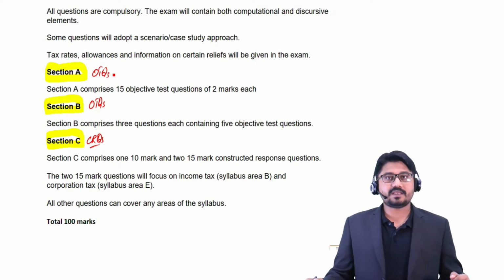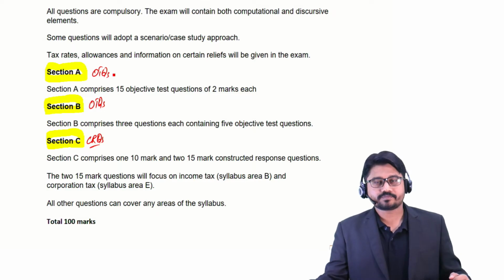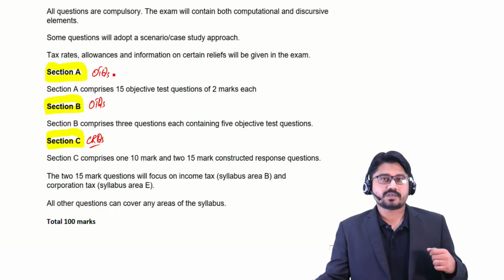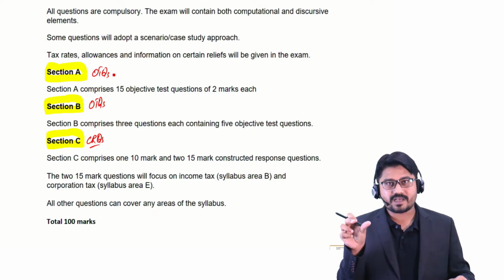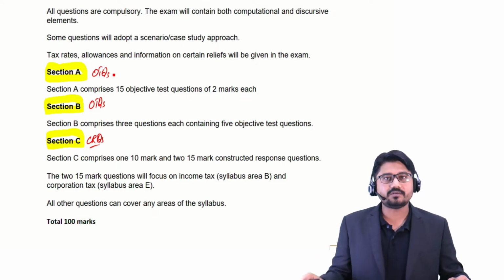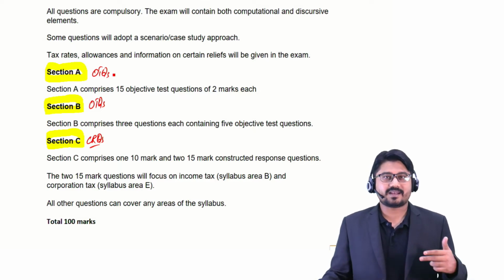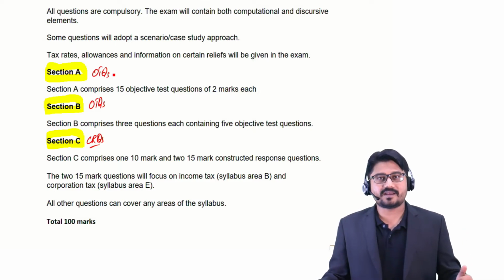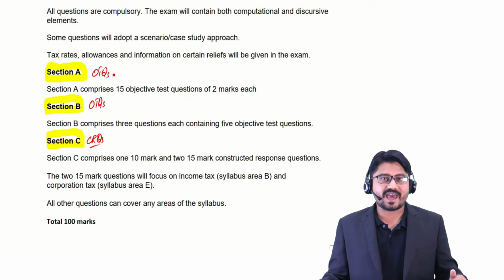Objective test question means the answer could be like an MCQ. The question could be a scenario with a box available to put your value. Or there could be 2 best options, or a drop down menu available after the scenario.